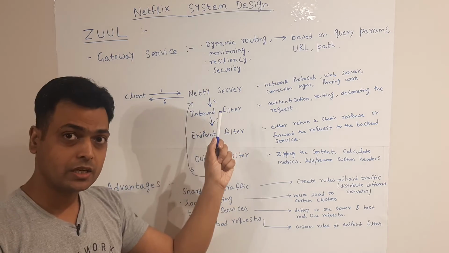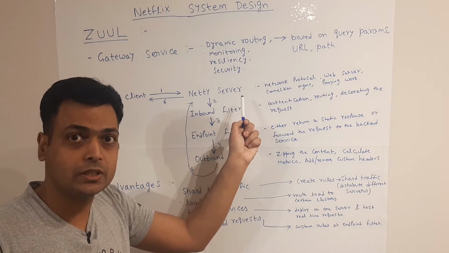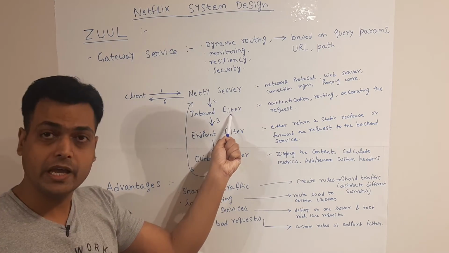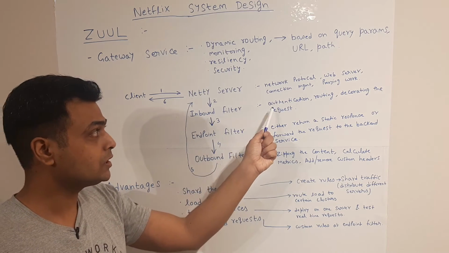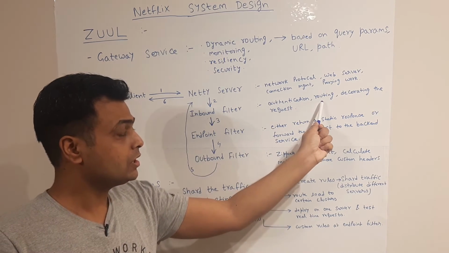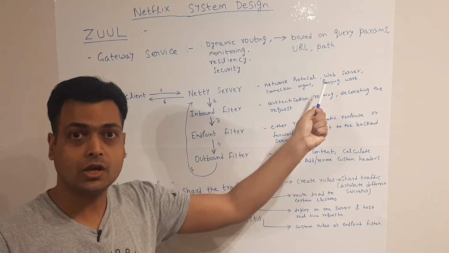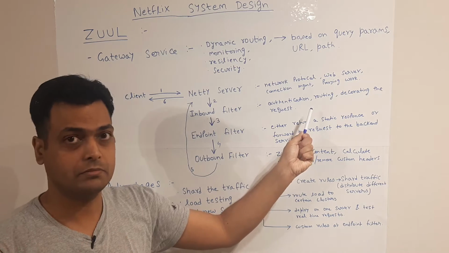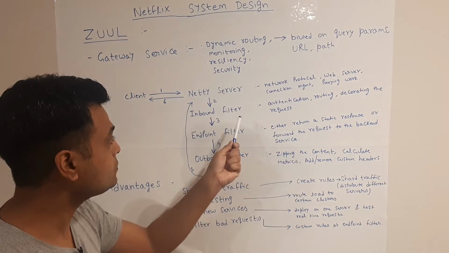Once a request hits the Netty server and it validates whether the incoming request is valid, it then goes into the inbound filter. What the inbound filter does is check whether the incoming request is authorized, which service this request should go to, and it updates or appends the request to take care of any requirements implemented internally.